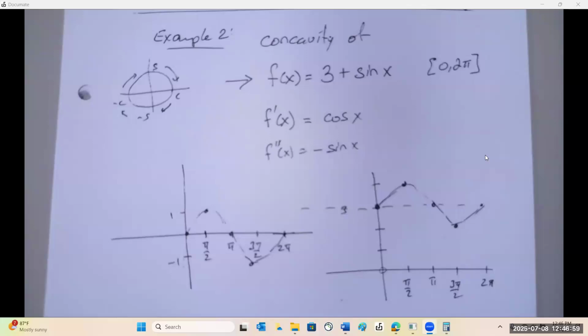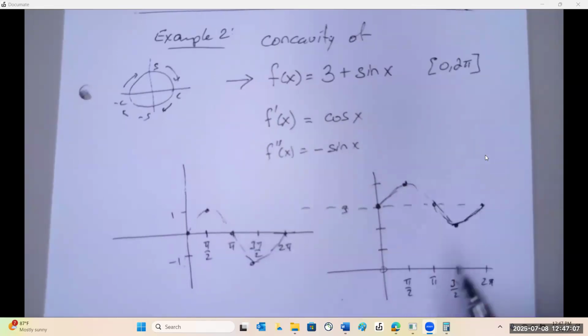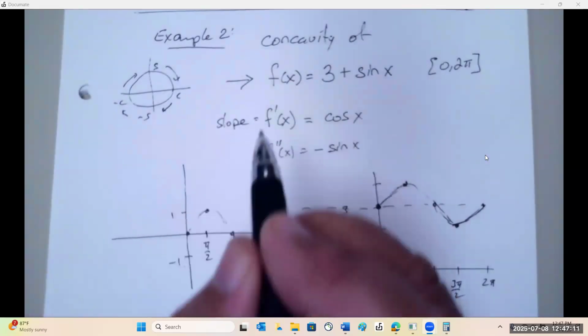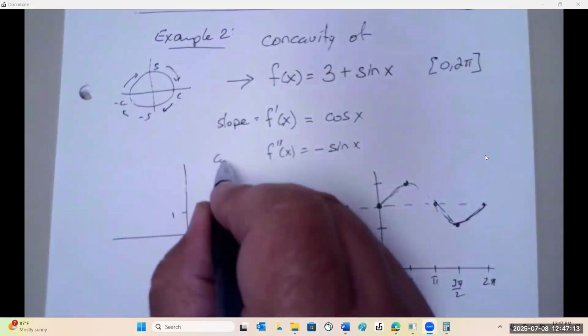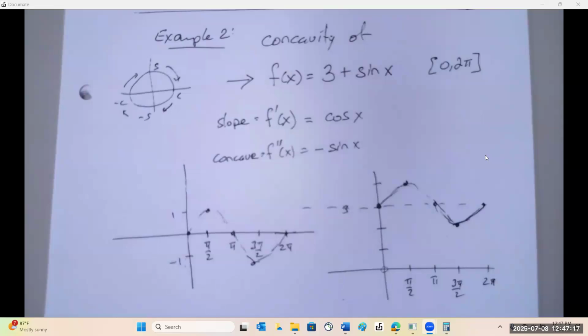If it has to do with points on the graph, it's always the original function. If it has to do with slope, it has to do with the first derivative. And concavity is the second derivative. Concavity has nothing to do with points of a curve. It simply has to do with the shape, the bend of the curve. So what do we know about this curve now?